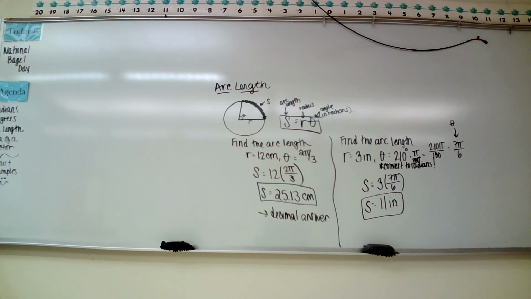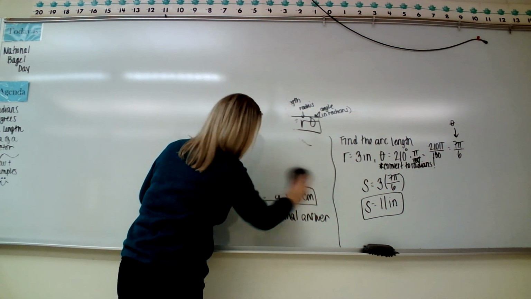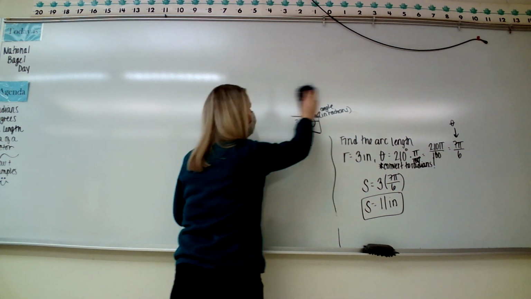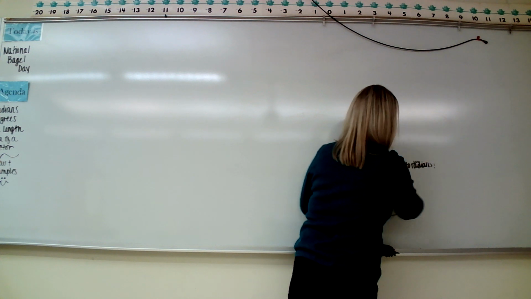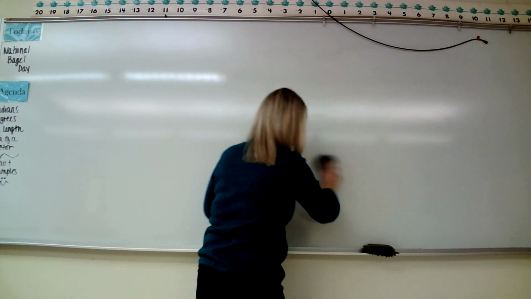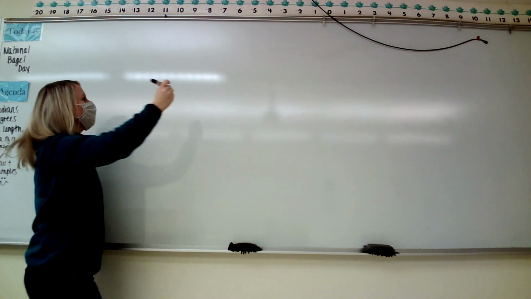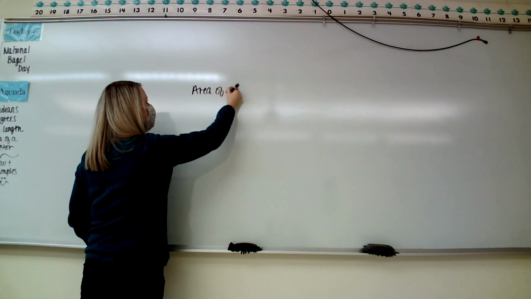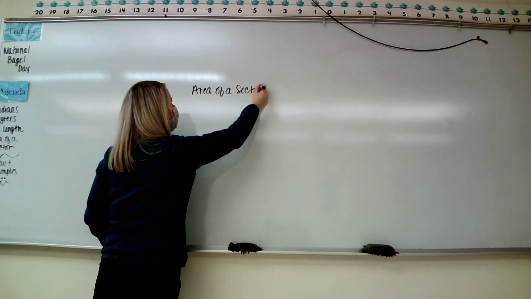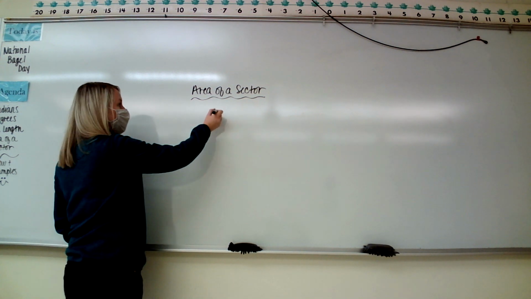Okay, last thing: area of a sector. I'll do a quick explanation of what it is. This happens when, once again, we have a circle.